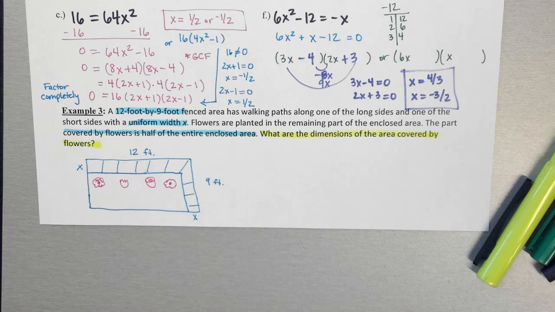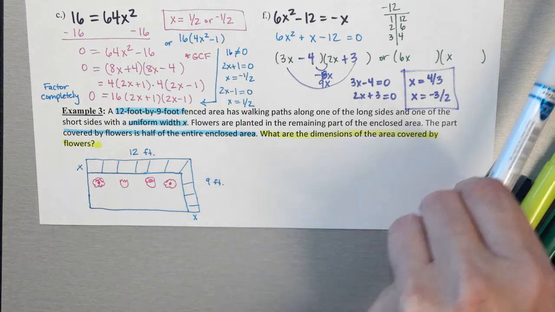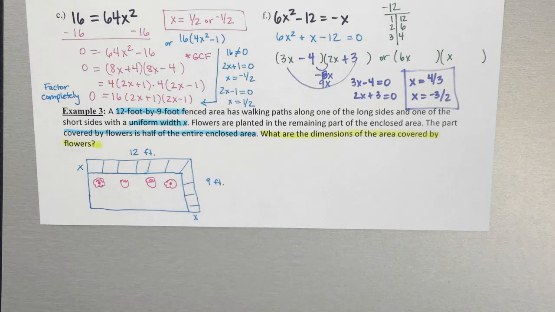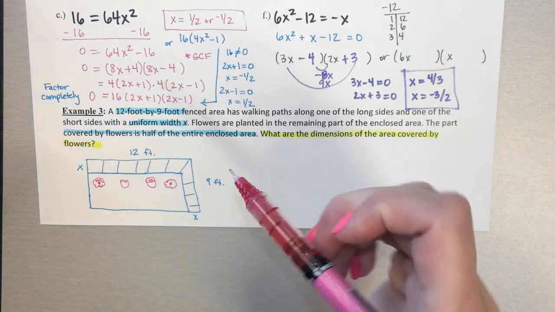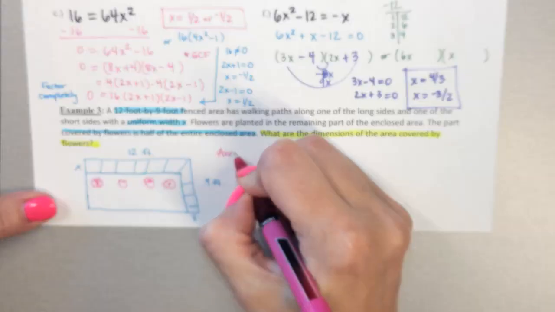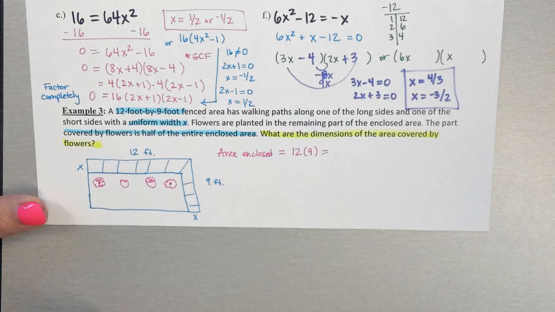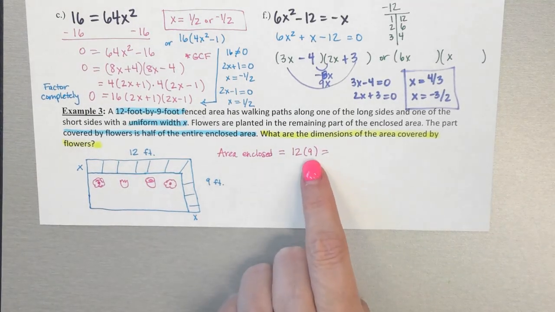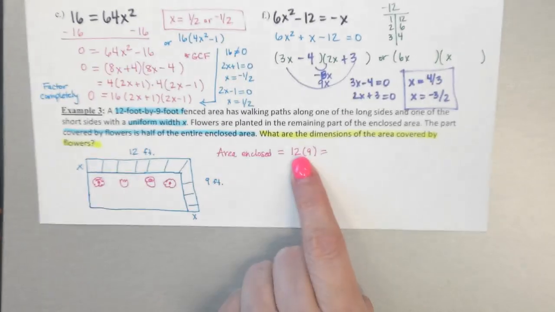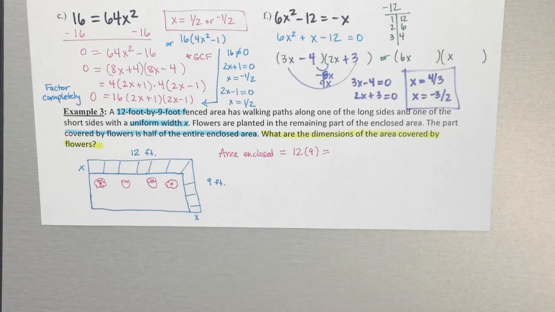So now it says the part covered by flowers is half of the enclosed area. Okay. So let's figure out what that is. We know the area of the enclosed space is length times width. So 12 times 9, right? To do that without a calculator, just do 9 times 10, which is 90, and then 9 times 2, which is 18.